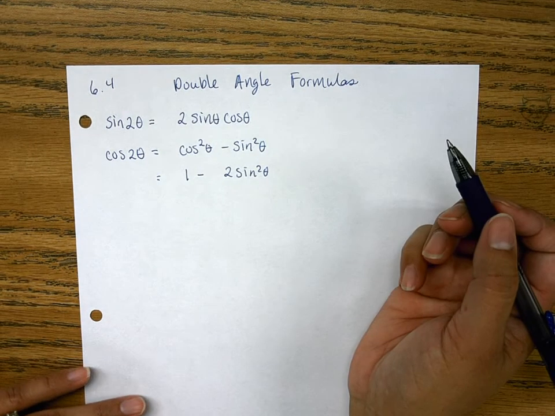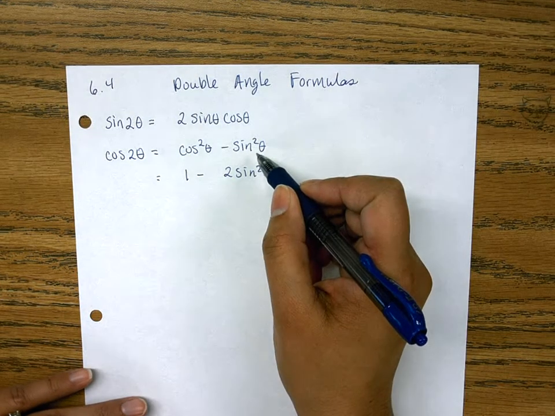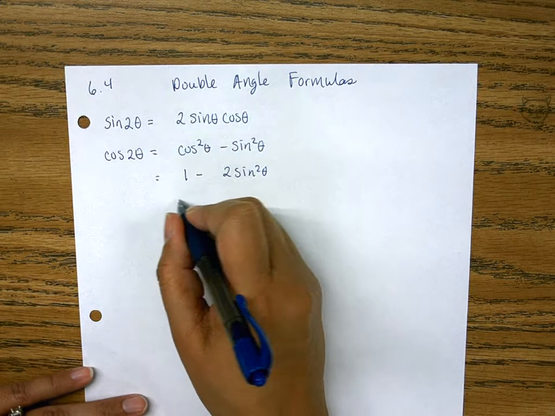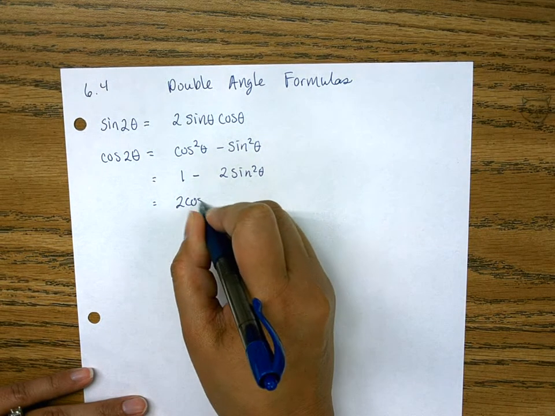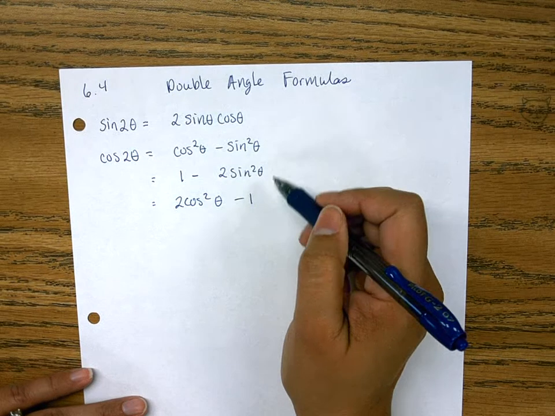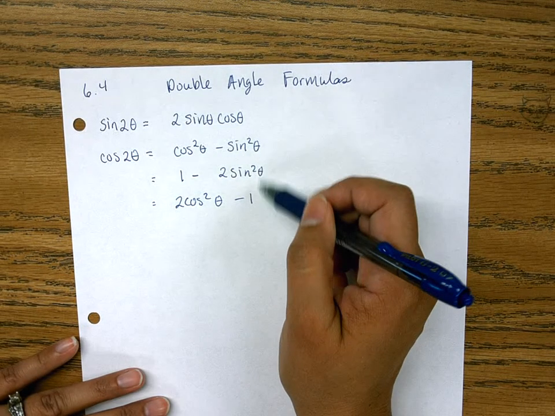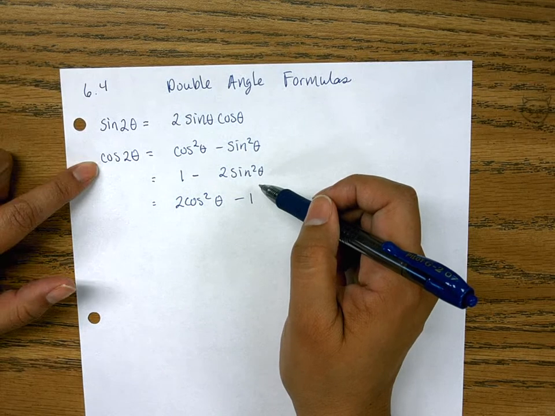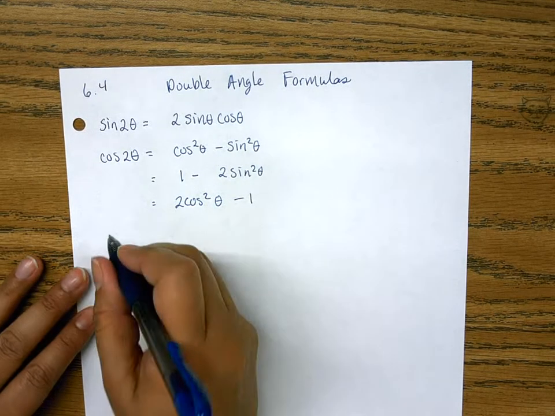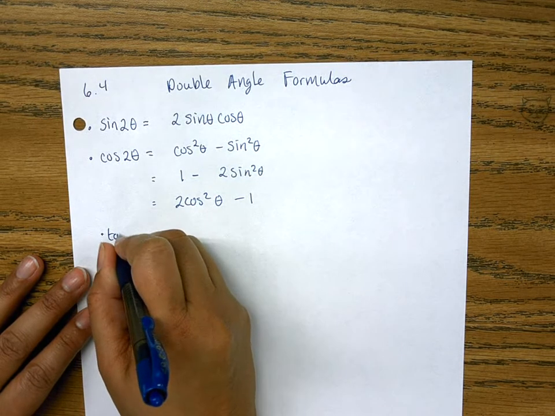That's if you were to rewrite cosine squared as 1 minus sine squared. And if you were to write sine squared as 1 minus cosine squared, you would get 2 cosine squared theta minus 1. Again, for now, let's just accept them. We're going to use them. We're going to know that these are the 3 possible ways to rewrite cosine 2 theta. And in class, I will explain more of the how and the why.